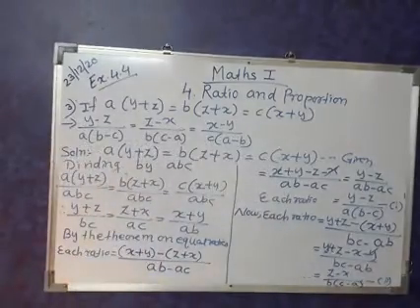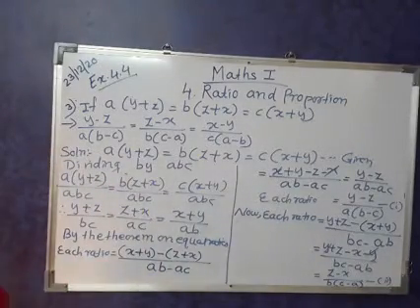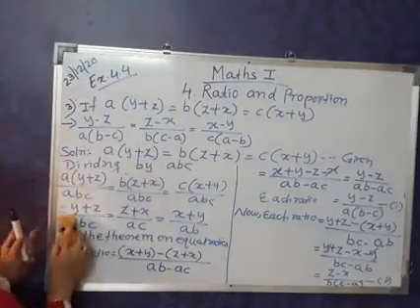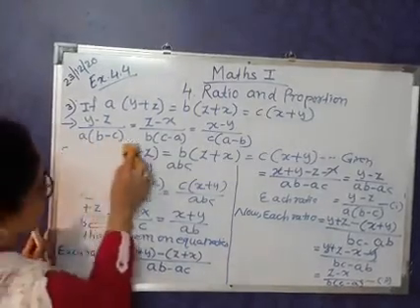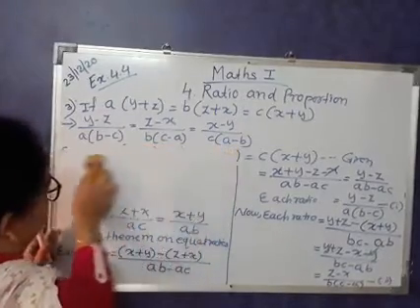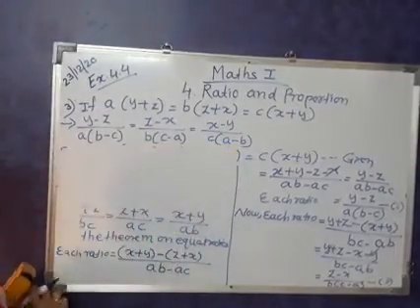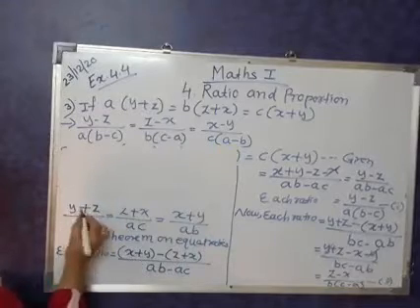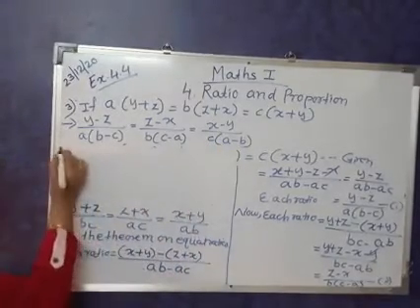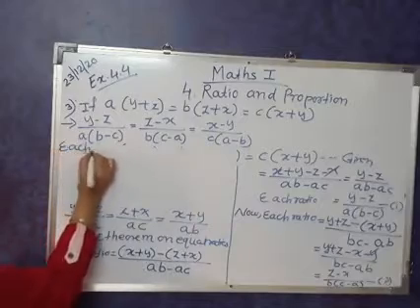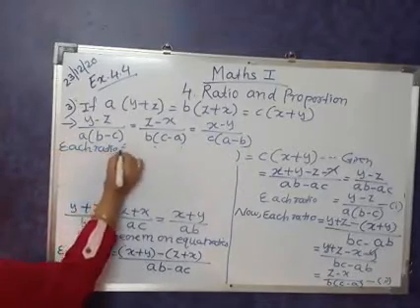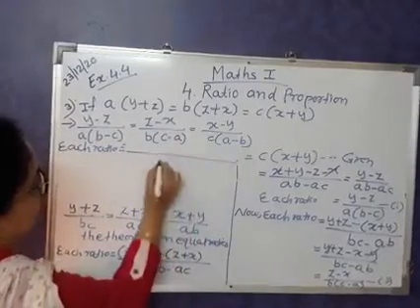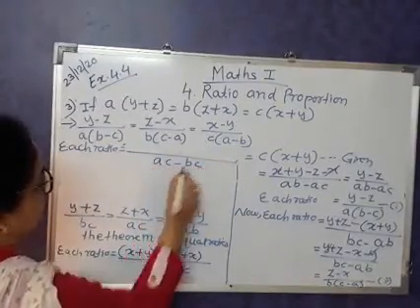Now the same way we can find out the third equation. So what we will write for the third one? I am rubbing this part. I want this one, so I am keeping this, Y plus Z upon BC. So now again, each ratio. What is the third denominator here? AC minus BC.